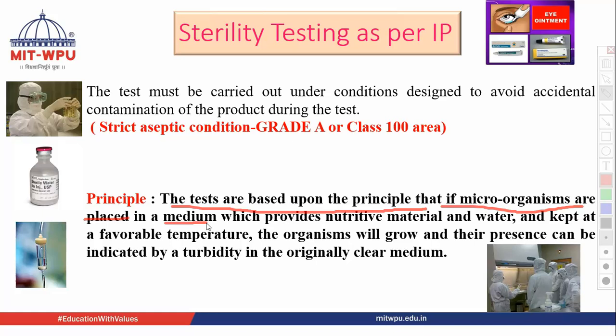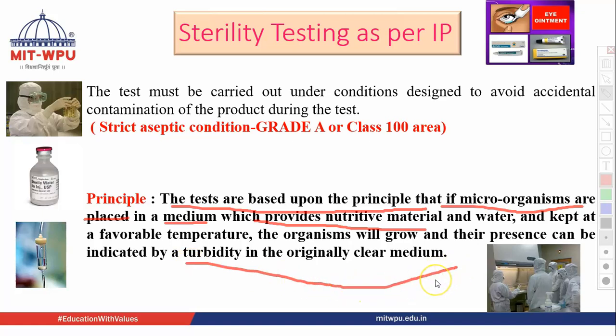However, soybean-casein digest medium supports fungi and aerobic bacteria, and these are incubated for 14 days while observing turbidity. If you want to check for contamination, that is nothing but microorganisms in any preparation, then we need to provide nutrients and water. If microorganisms are present, they get favorable temperature and conditions, and the microbes will grow, and their presence can be indicated by turbidity in the originally clear medium.